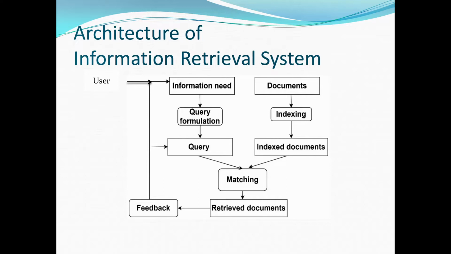The documents are indexed. The index of all documents will be created by a component indexer. The query terms as well as the index terms are used to find out the relevant documents. The relevant documents are retrieved and they are presented to the user.